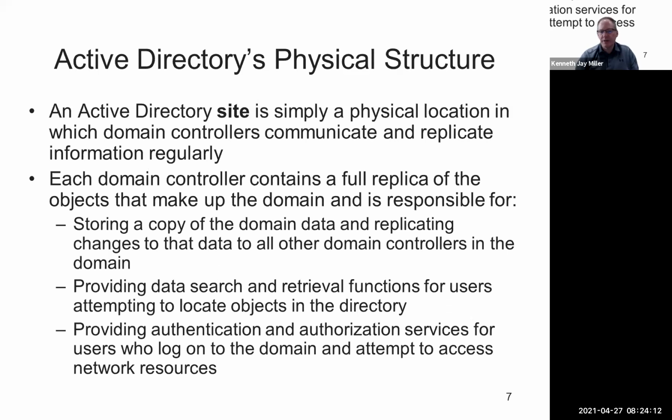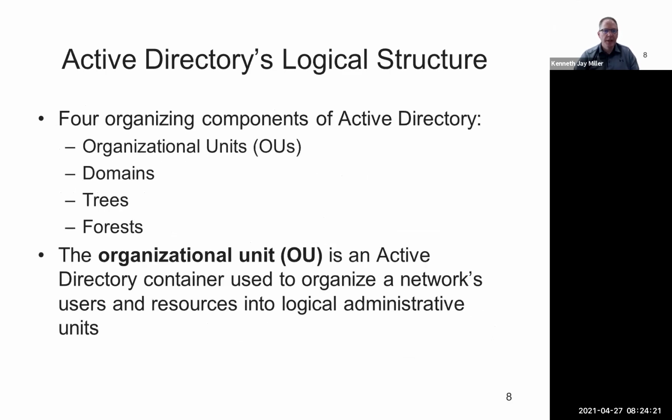I know that I'm unwrapping a whole big thing before we really take a deeper look at it, but I need to define some of these terms first. All right. Now, the main organizational components of Active Directory are the 4 listed there: the OUs or organizational units, the domains, then the trees, and then the forests. So the smallest of these is the organizational unit, and an organizational unit would be like your division or your department.